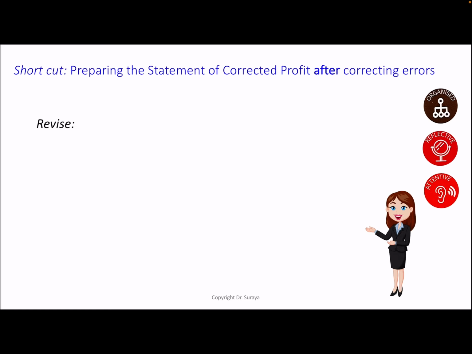Now, this is a shortcut. Preparing the statement of corrected profit after correcting errors. So you need to actually correct your errors first using journals. So that was covered in part 1 and the half of this part 2 on correcting errors.